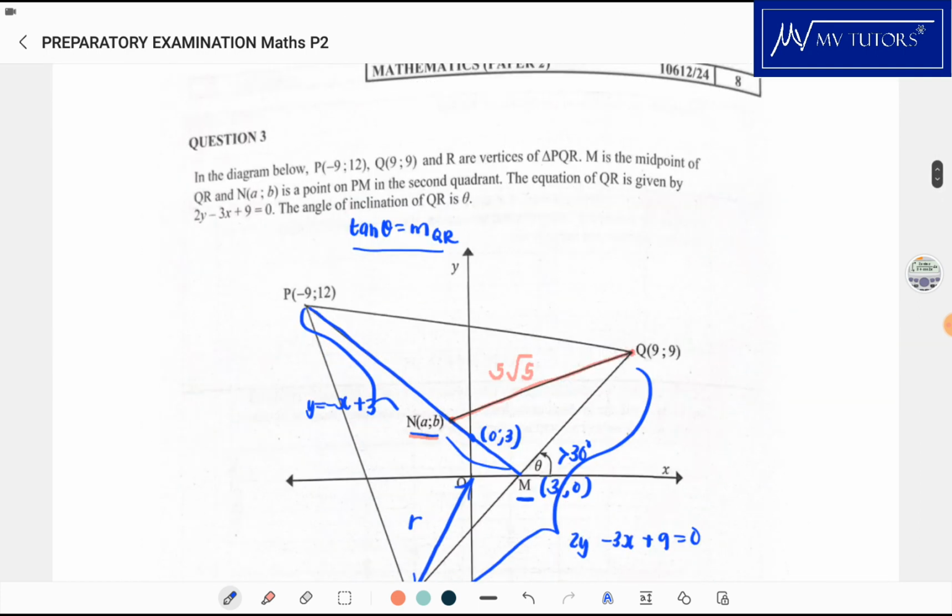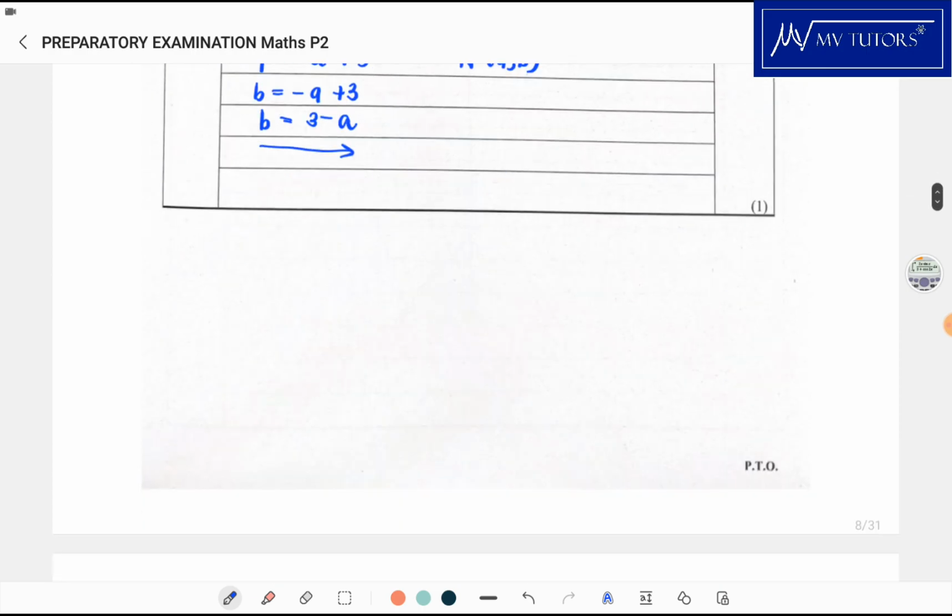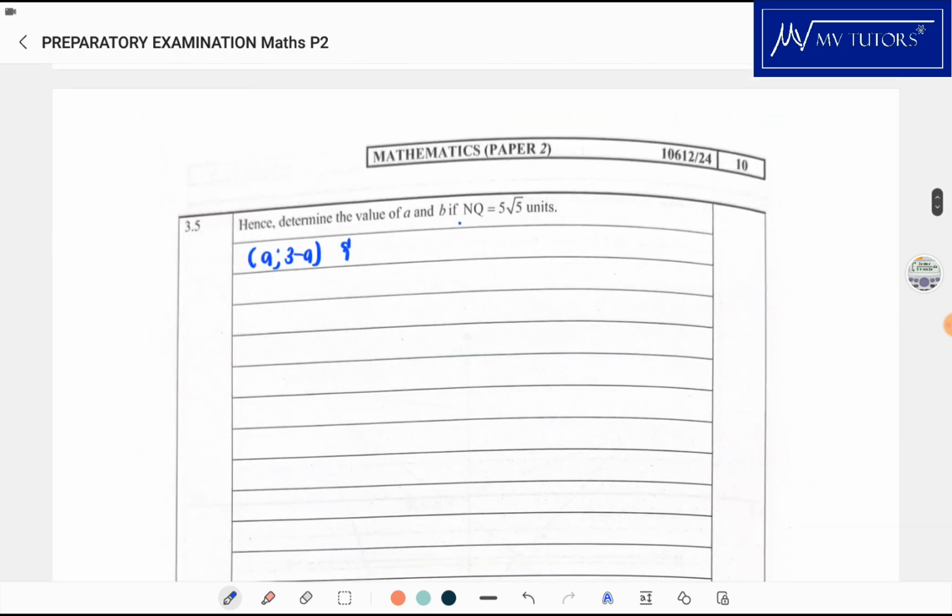So Q is (9, 9), and the distance of NQ is 5 root 5. So let's use the distance formula and get our story straight.